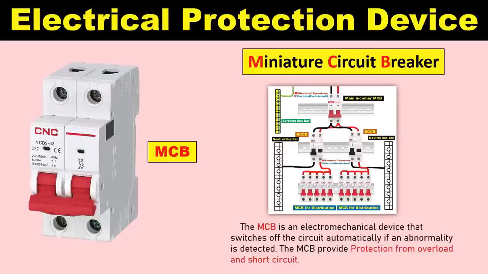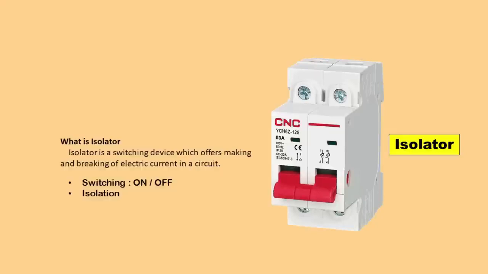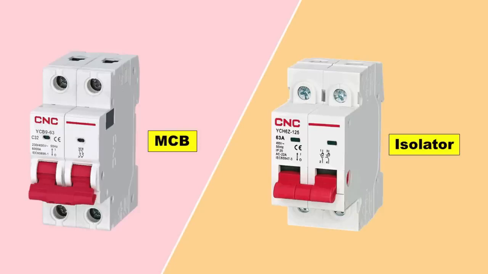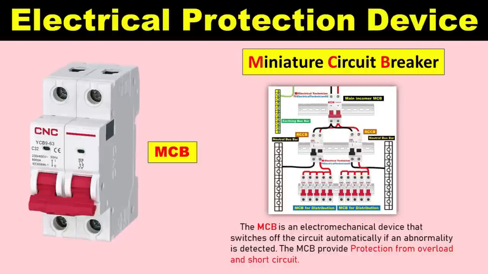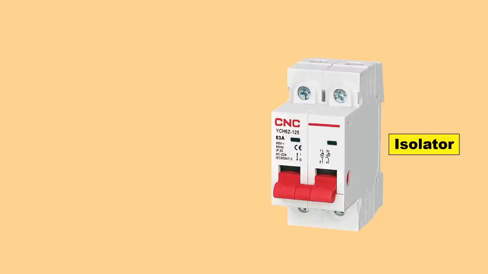Friends, before moving forward, I want to tell you one more thing, that the MCB and the isolator, both of these look almost same. Just like your MCB, isolator is also there. Although you can find various types of isolator, but this MCB type of isolator looks exactly same as MCB. If you go to market to buy a MCB, then from profit point of view, shopkeeper may sell you isolator in place of MCB.